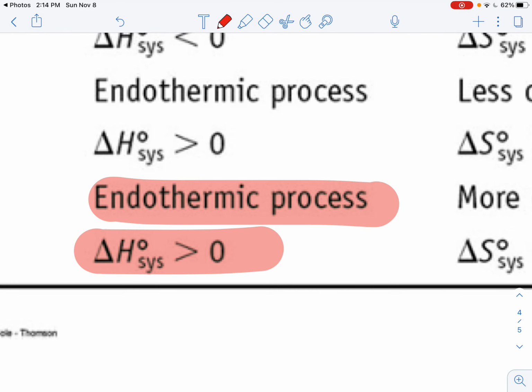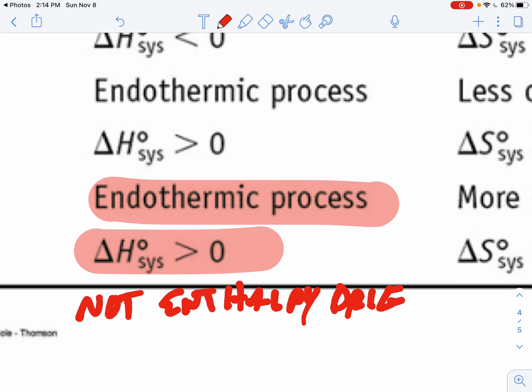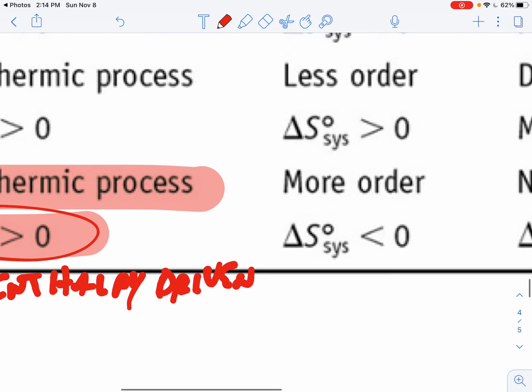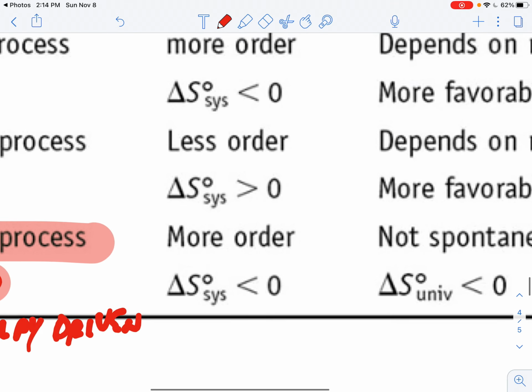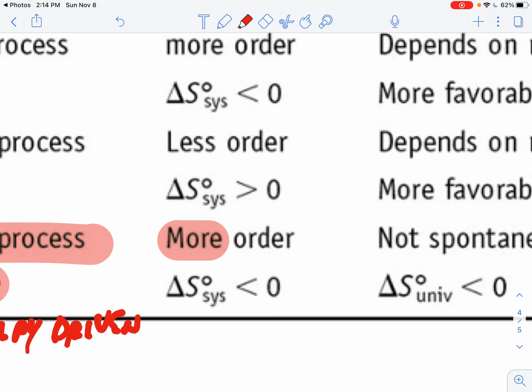Well, that is not driven by the enthalpy. The enthalpy is not driving this process. Because to be driven by the enthalpy, you have to have a negative delta H. This is positive, so this is an endothermic process. It's not helping it be spontaneous.